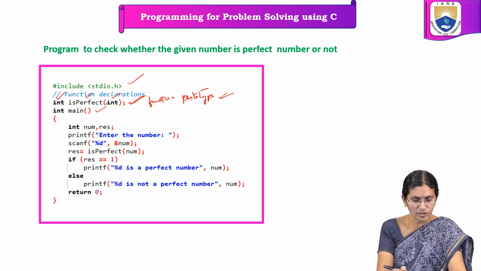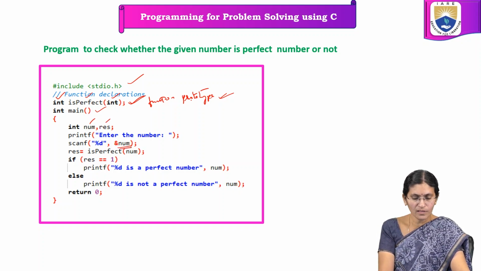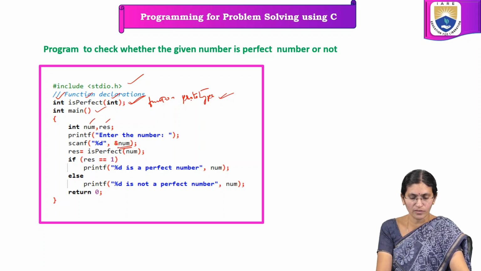And then the main function. Inside the main function, we have declared two integer variables, num and res. The num value is entered by the user and stored in the variable num at the address specified by &num. Now this function is called here, is perfect num.